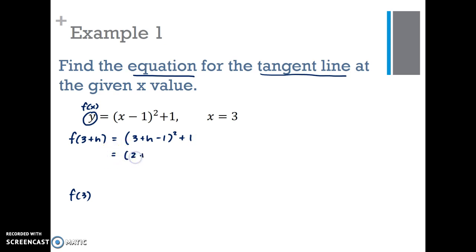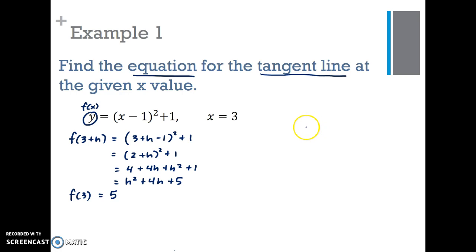So I see that this is 2 plus h squared plus 1, or if I square that out, it's 4 plus 4h plus h squared plus 1, or if I add like terms, it would be h squared plus 4h plus 5. I just wrote it in standard form. And if I plug 3 in, I get 2 squared plus 1, or 5.